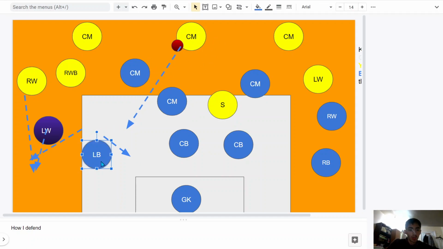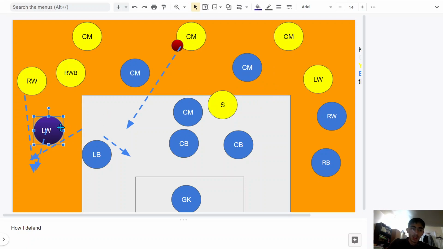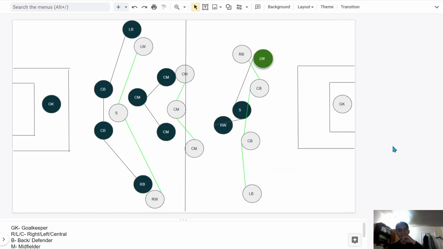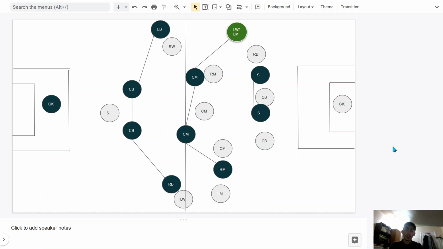Here you can see 1, 2, 3, 4 at the back, and kind of like 4-3-2 if you want. This is why earlier, if you remember, if I go back a few slides, or a lot of slides, I was showing different formations where I can play, including situations where there's a midfield 4.